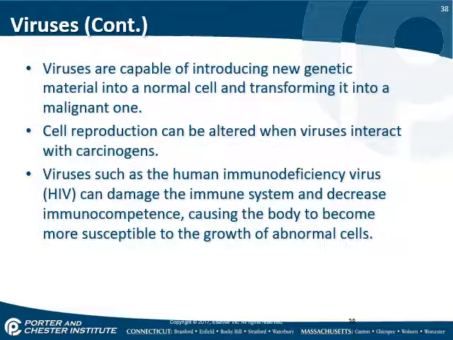They're capable of introducing new genetic material into a cell, and that can cause the transformation of a healthy cell into a malignant one. Cell reproduction can be altered when viruses interact with carcinogens. And viruses such as the HPV can damage the immune system, decrease the immunocompetence, and that causes the body to become more susceptible to the growth of abnormal cells.